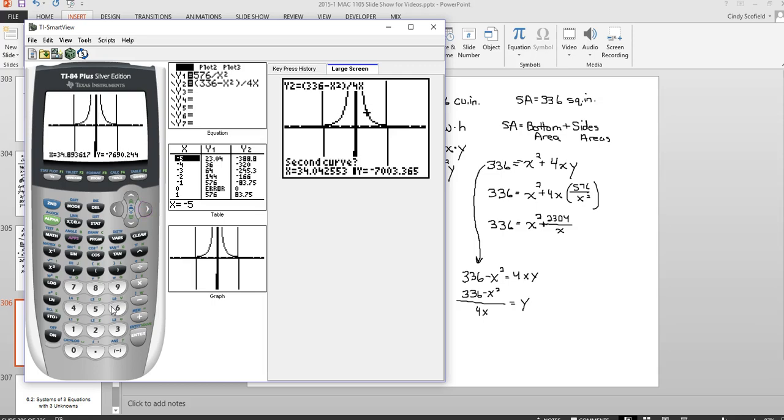That's what I'm trying to figure out. Not sure. Well, it should be on there, so let's go ahead and hit guess.